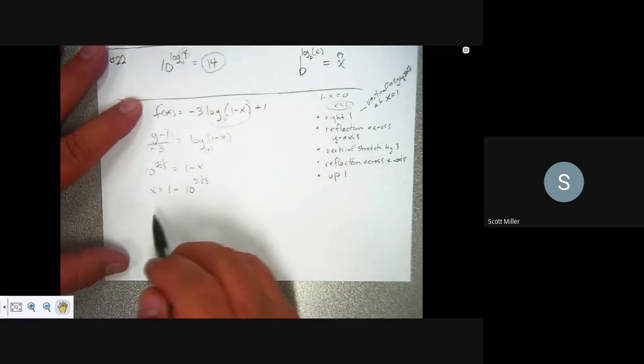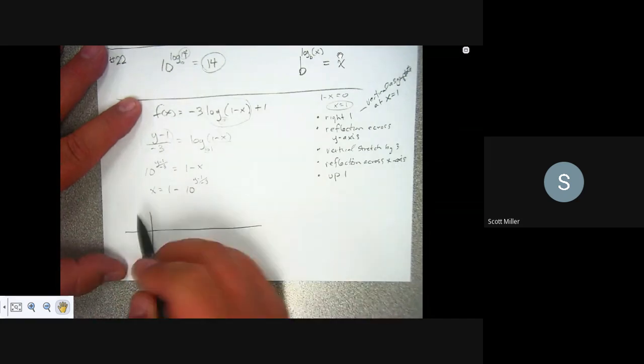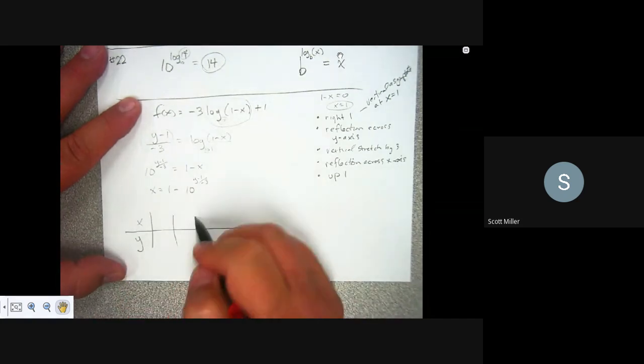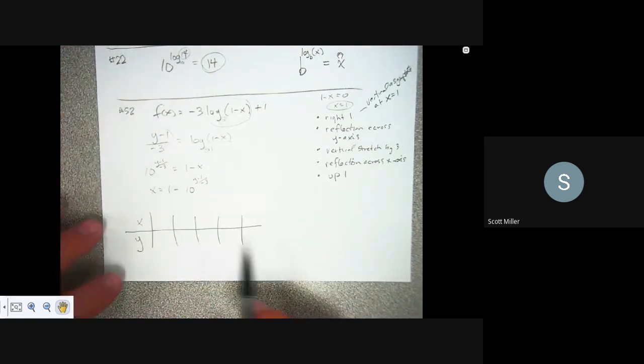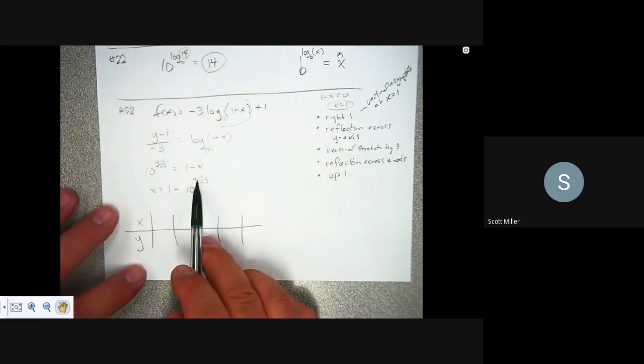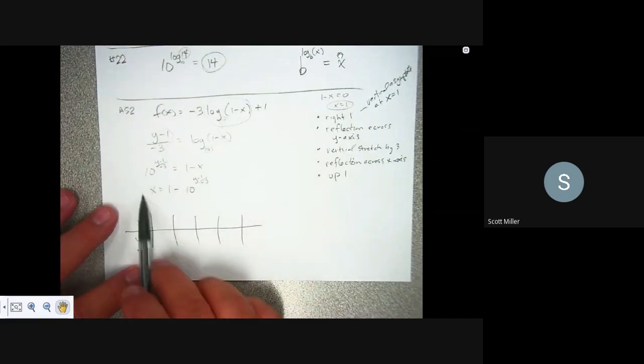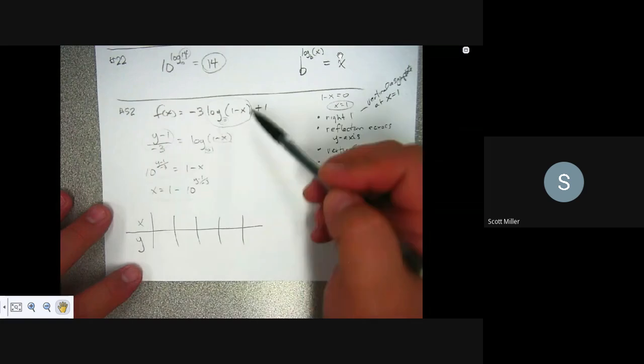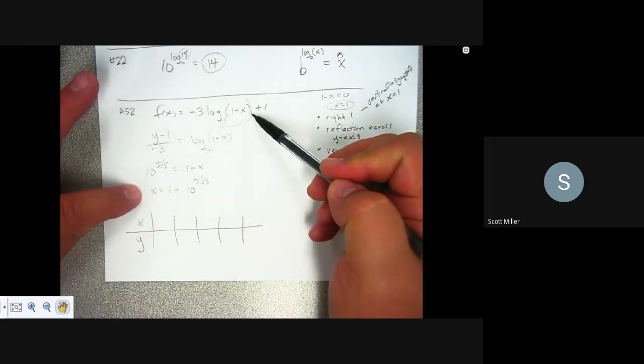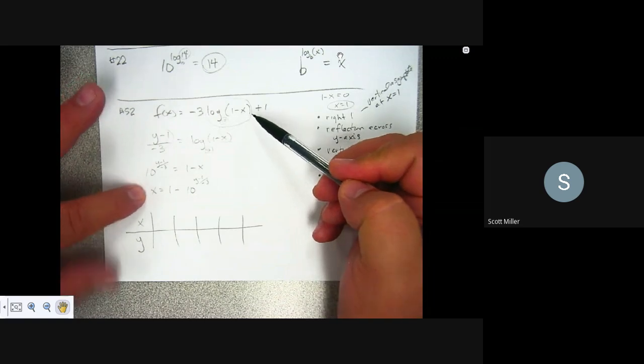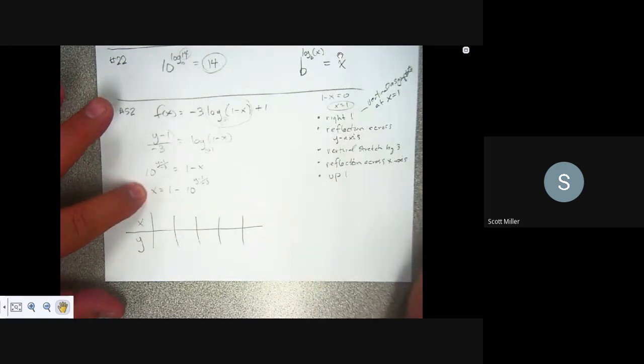So you solve for x, and in our table, we're going to plug numbers in for y to work this out. This is the exponential form of this log. These two things are the exact same function, just one's in log form and one's in exponential form. And exponential form is easier to graph.